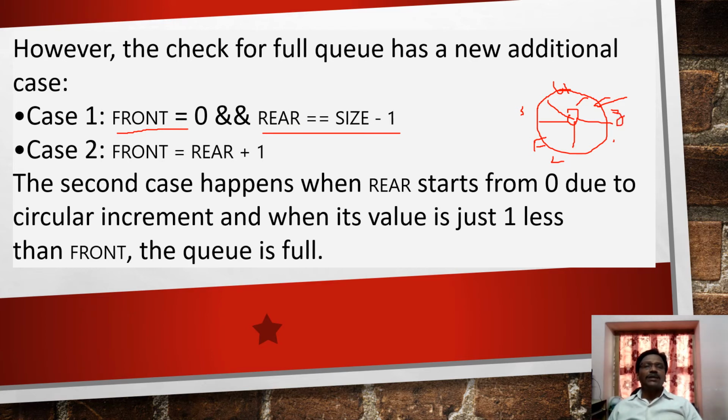That is front equal to rear plus 1. The second case happens when rear starts from 0 due to circular increment, and when its value is just 1 less than the front, the queue is full.